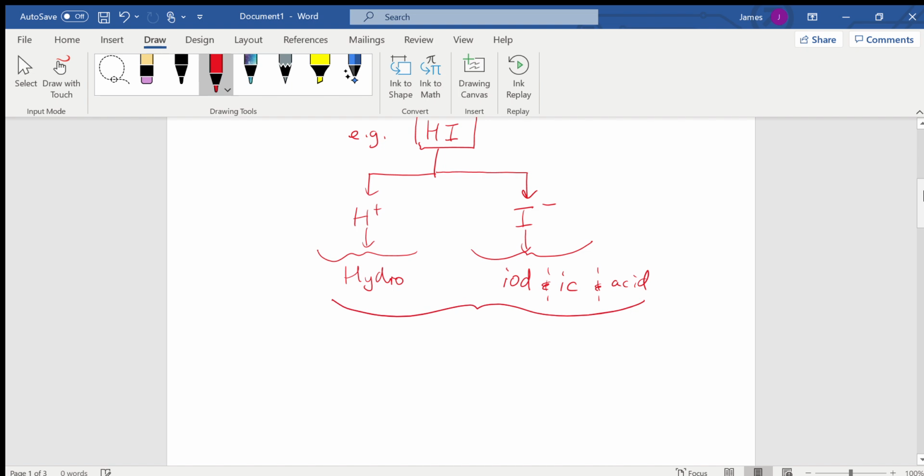So all in all, we have hydroiodic acid. And you notice this is all one word. That's a way to present it.